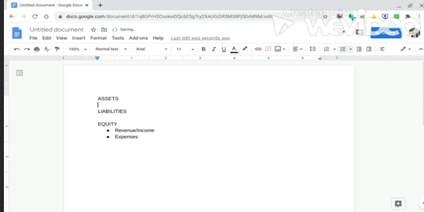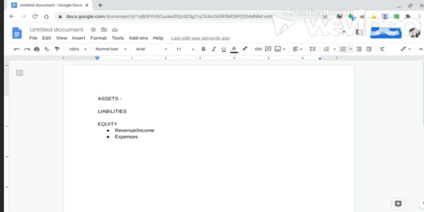So I'm gonna define it based on how I think senior high school students or even those junior high school students having bookkeeping as their TLE would understand. So when you say assets, again, let's not go to bookish definitions.